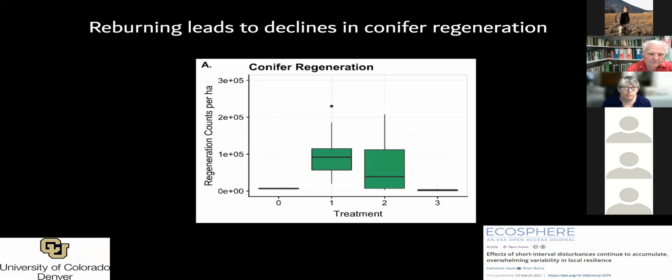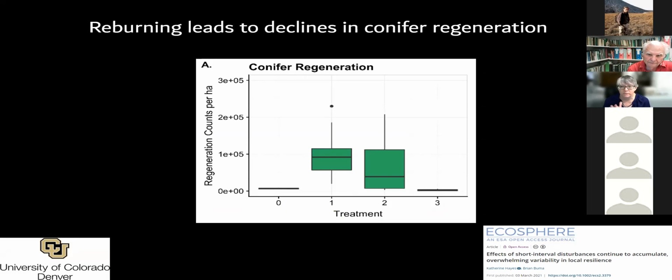And we've known for a while that reburning leads to declines in conifer regen, by Jill Johnstone's classic work. Our project used her research as the foundation, but looked at 3-time burns. MTBS started in 1984, 85, but now, with data through 2021, we're able to look at those 3-time burns in the MTBS data set.